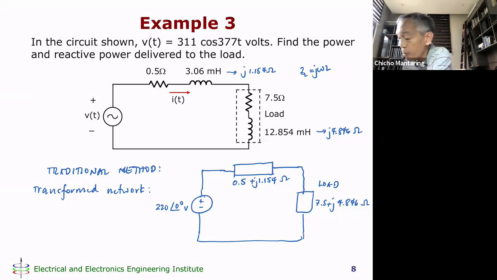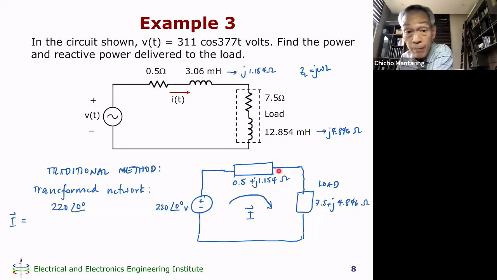Okay, what can I compute for now? I can compute for I. So what is the phasor value of I? I is just 220 at an angle 0 degrees, that's my voltage, divided by my total impedance.